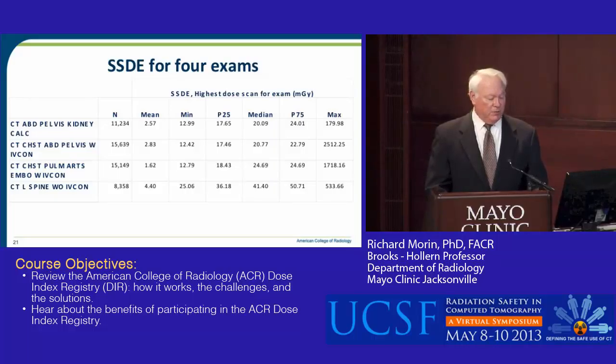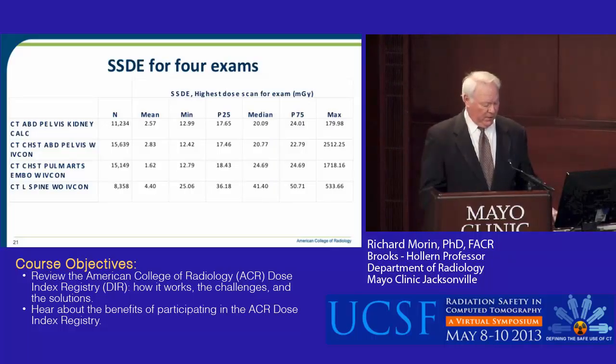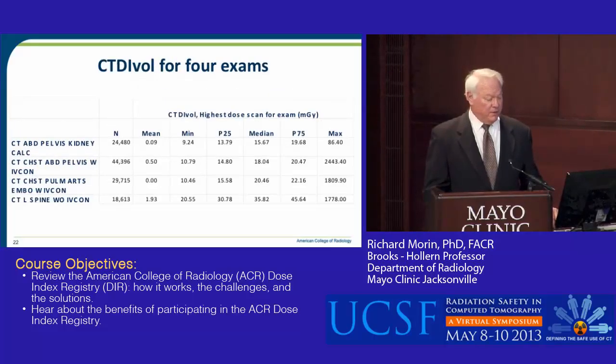But you can see the distribution between the 25th percentile and the 75th percentile is right around the order of 10% of the median. And that's certainly a lot better than what we saw at the very beginning of the use of these dose indices some time ago.